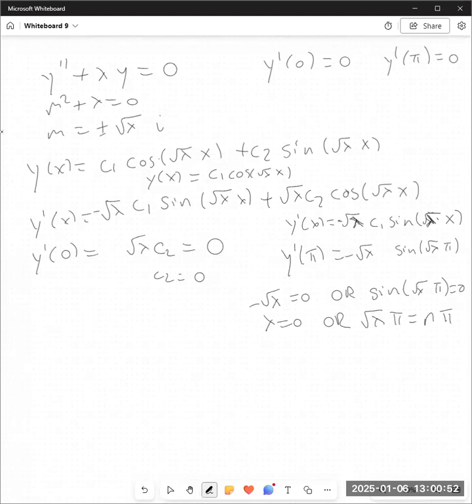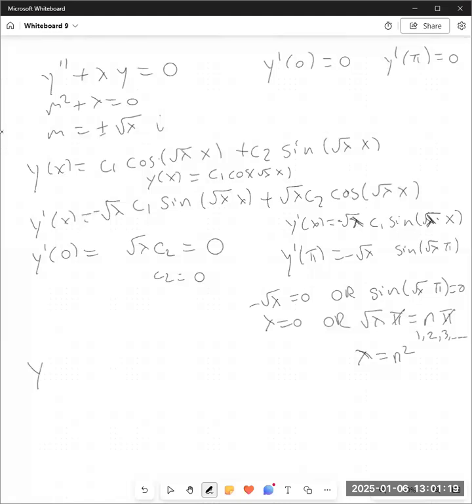And so lambda equals n squared, but this n here is going to be 1, 2, 3, so on and so forth. I also include the 0 here.